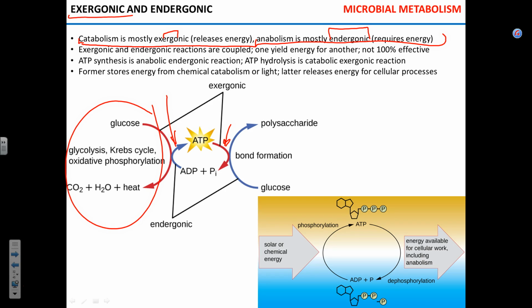Does that make sense? Now, when we get to the end of this chapter, we will talk about photosynthesis, and you will see that during photosynthesis, light produces high energy electrons, whose energy is then stored for short term in the form of ATP, and those electrons are on NADPH.